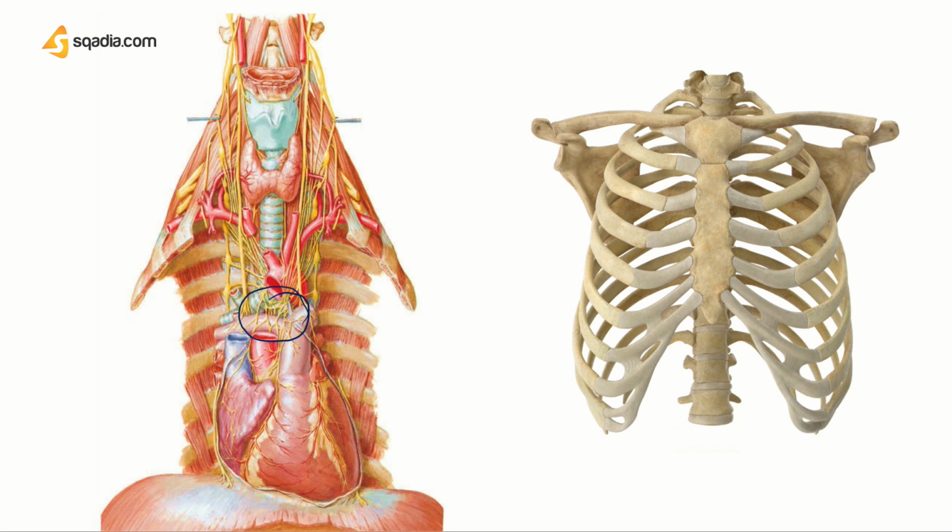But for now, all you need to remember is that the sternal angle, which if you look at this is the pulmonary trunk dividing into right and left pulmonary trunks. So we know that this is the sternal angle, and this is the cardiac plexus right over here. So cardiac plexus is number 10.